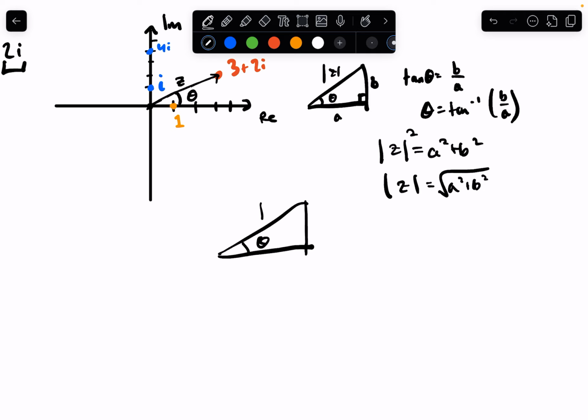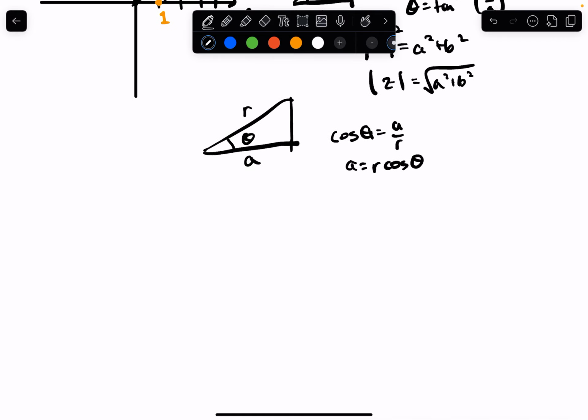This distance right here, the real part a, well, cosine theta is going to be equal to a divided by 1, where a is equal to cosine theta. Now, say this changes from 1 to some value r. Then if we move this r to this side, a is going to be equal to r cosine theta.